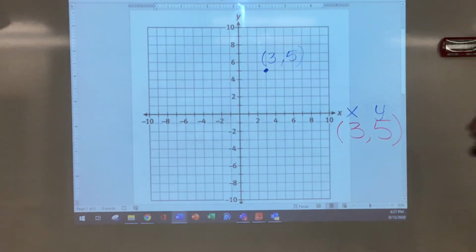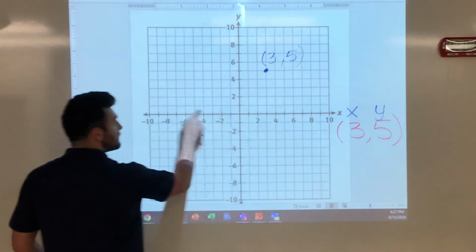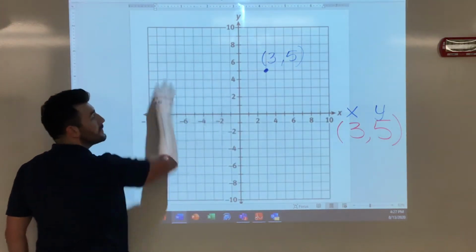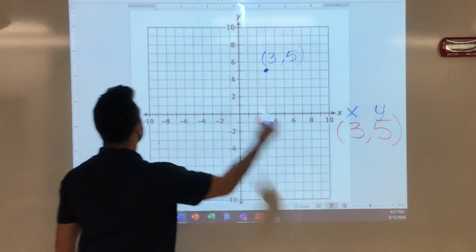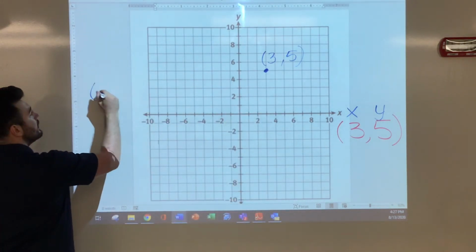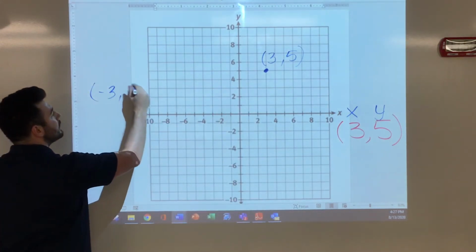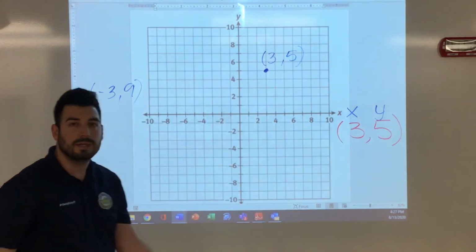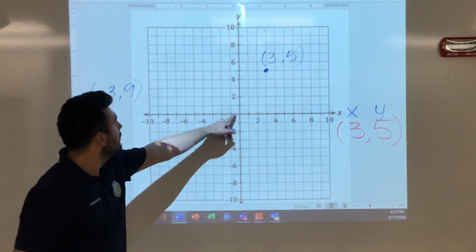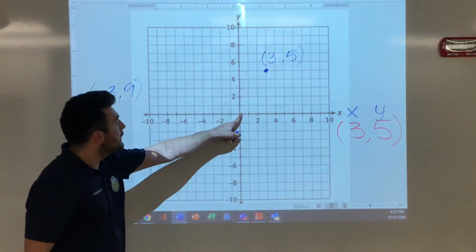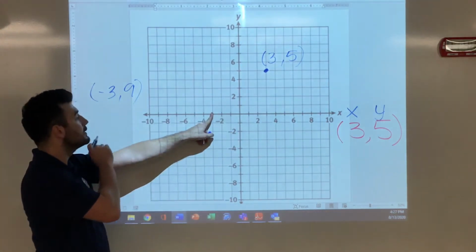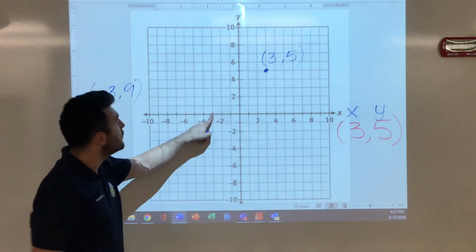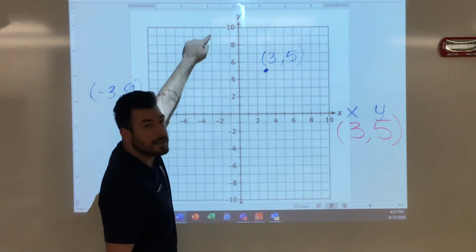Well, we're going to need negative x values because we want over here on the left side. What type of y values? Positive. So let's try -3, 9. I want to start out by going left to -3 for my x. And then 9 tells me we want to go up 9.